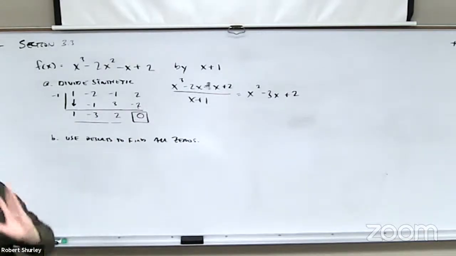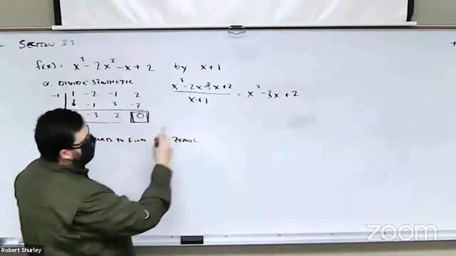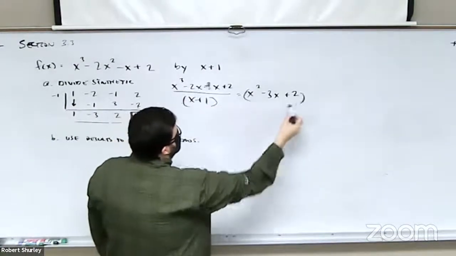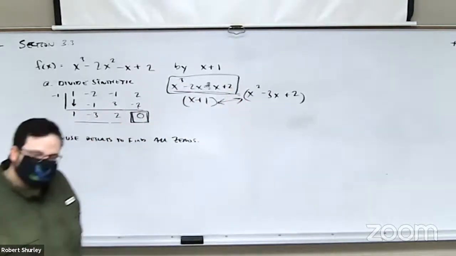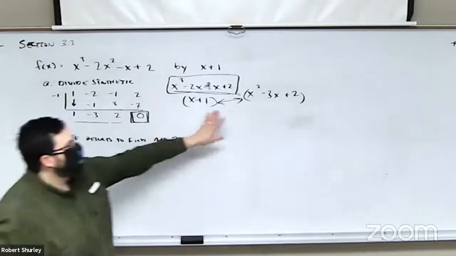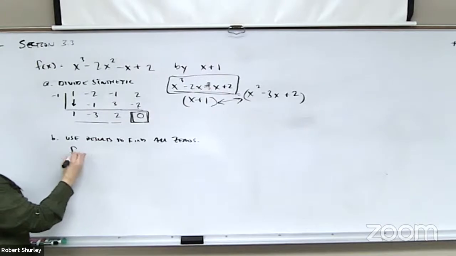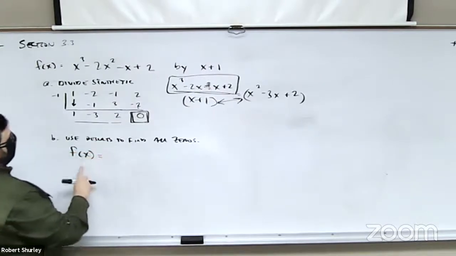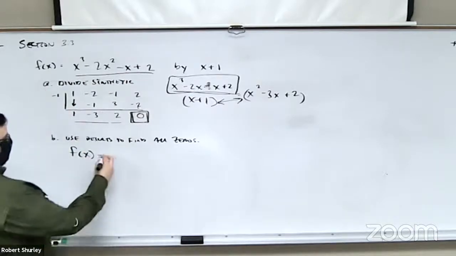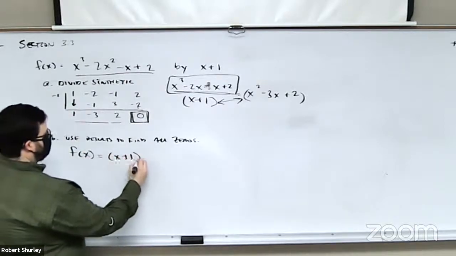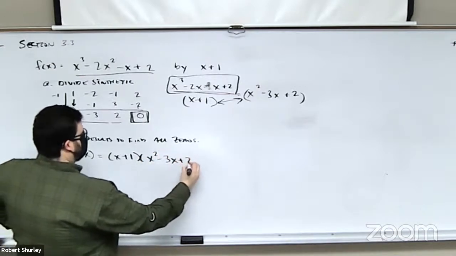What's important to us is that because there's a 0 remainder, we know that these two are factors of this. So we can rewrite this now. F of x, this big polynomial, is actually x plus 1 times x squared minus 3x plus 2.